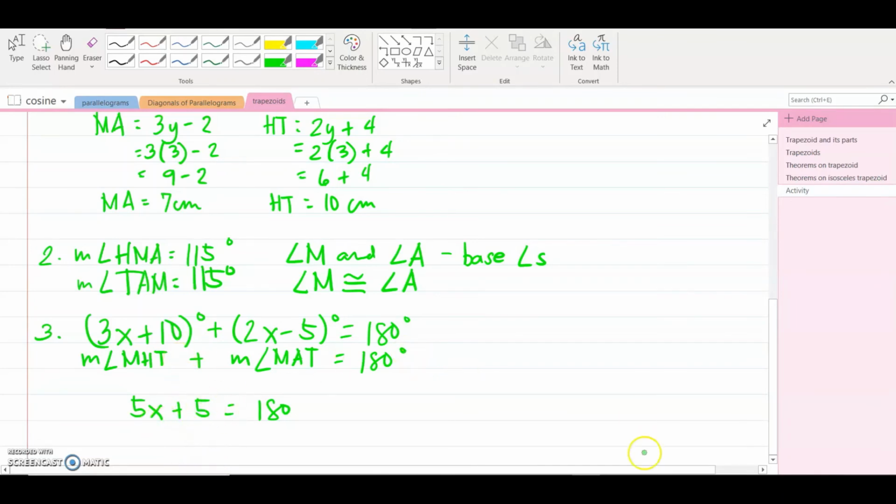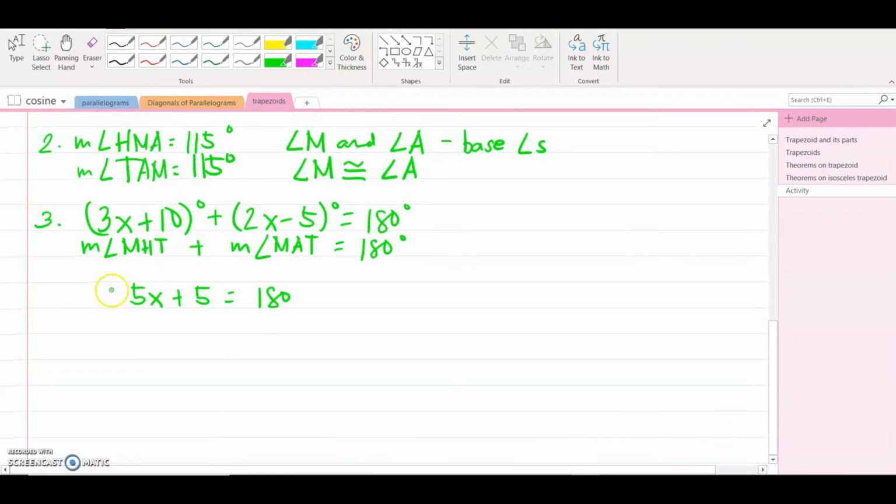So just transpose 5 to the right. We have 5x equals 180 minus 5. 5x is equal to 175. If we divide 175 by 5, the answer is 35. So x is equal to 35.